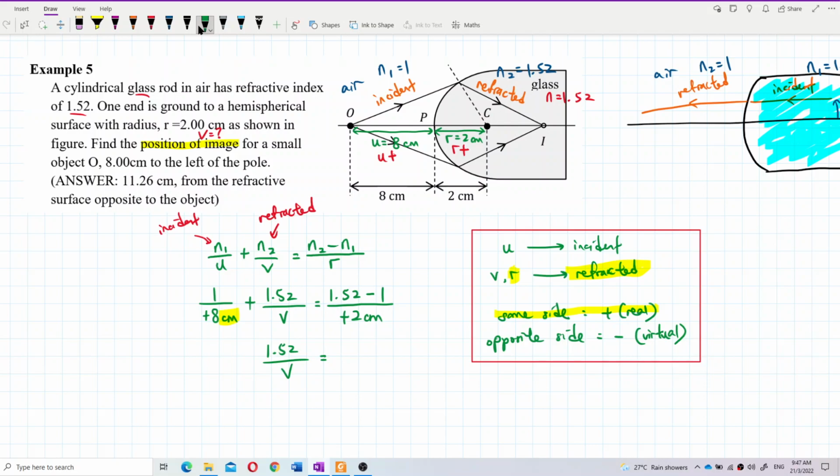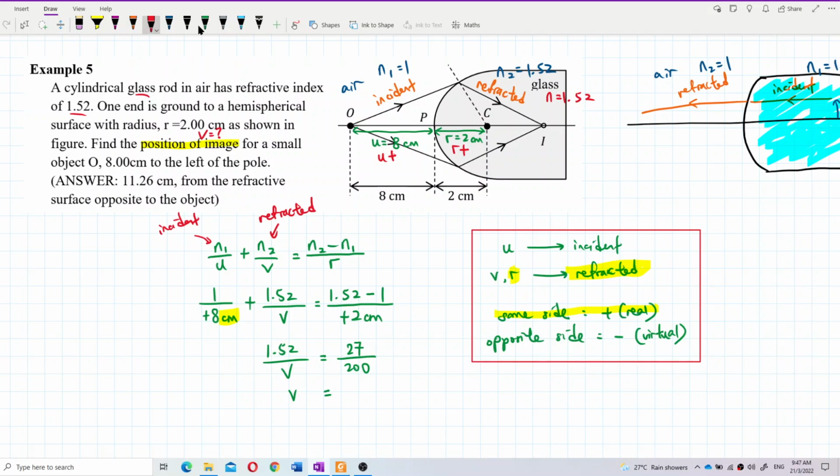Here we get 27 over 200, and then what is V? Let's calculate V: 1 divided by the answer, invert it, take the reciprocal, and then multiply by 1.52.